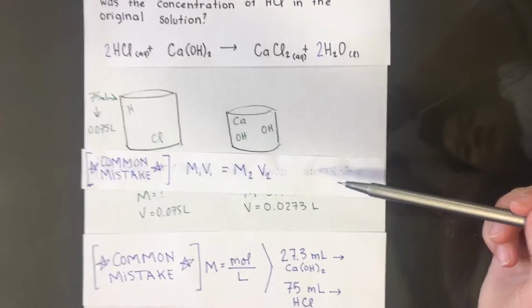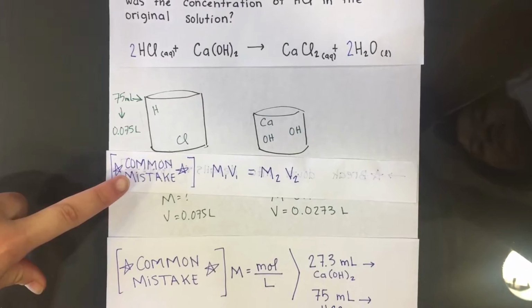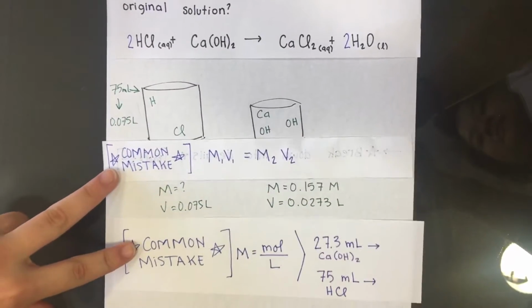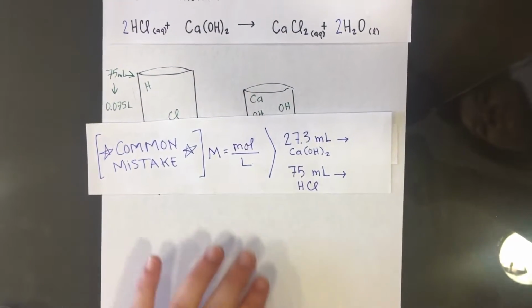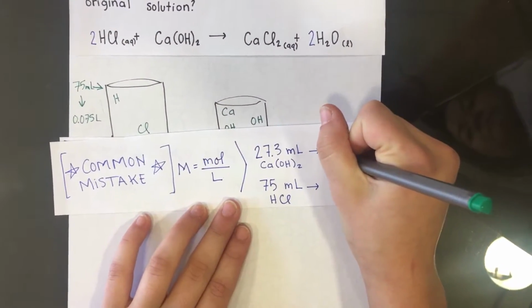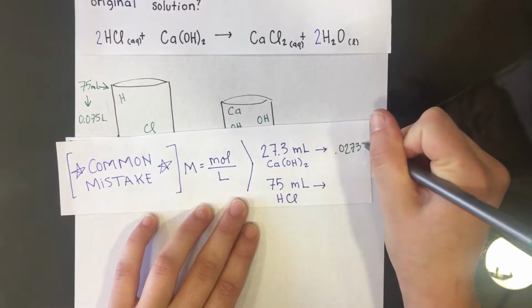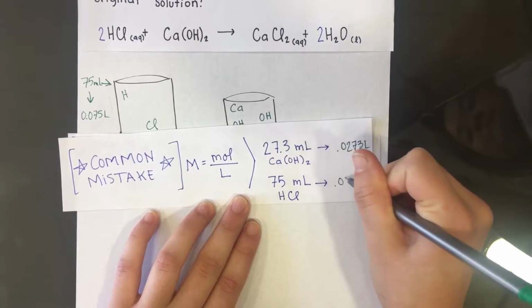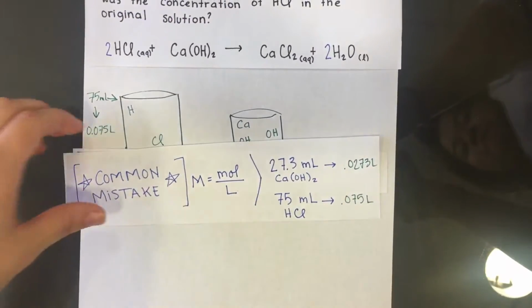These are not the same types of molecules, so we're not allowed to do M1V1 equals M2V2. Both of these are common mistakes that we have to look out for. So we switch these over to liters and not milliliters.